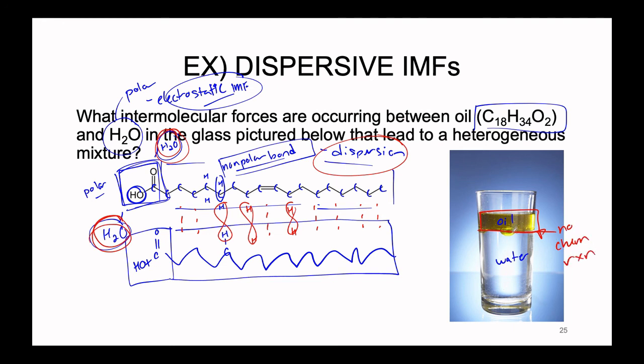The two just kind of hang out one on top of the other. However, this attraction is not so strong as to lead to a homogeneous mixture. Instead, we end up with a heterogeneous mixture. Oil sticks with oil through the formation of dispersive interactions, and water sticks with water because we can increase the number of really stable electrostatic intermolecular forces.